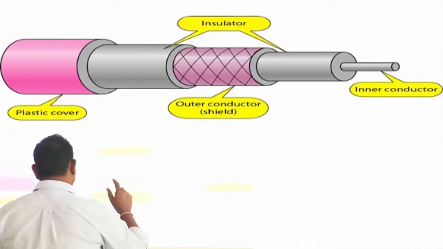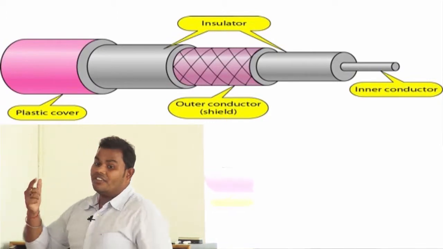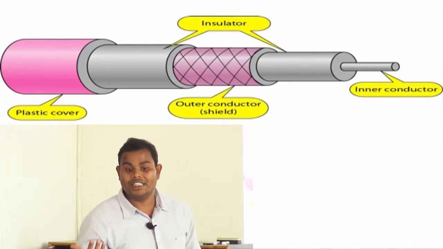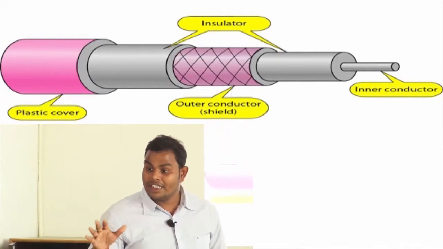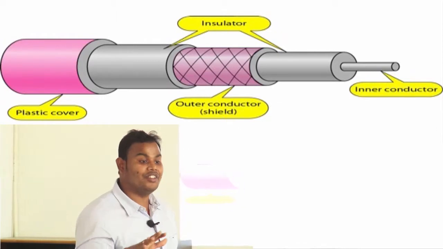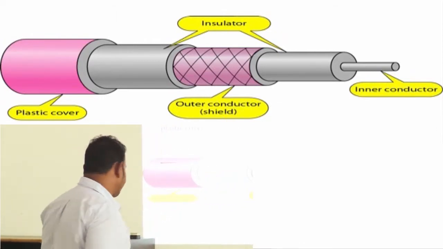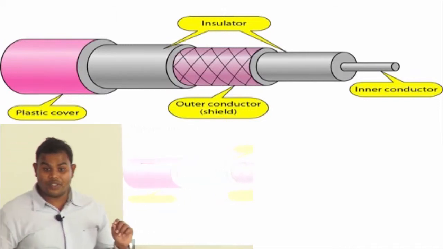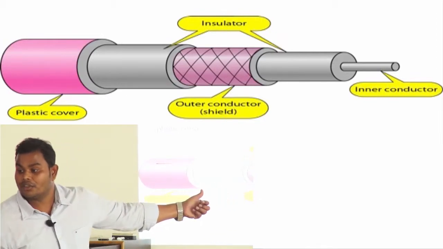So this coaxial cable is generally used to transmit data for a longer distance, and that's why this is used in wide area networks. In a wide area network we generally prefer this coaxial cable, and in a bus topology the backbone line is made up of this coaxial cable.